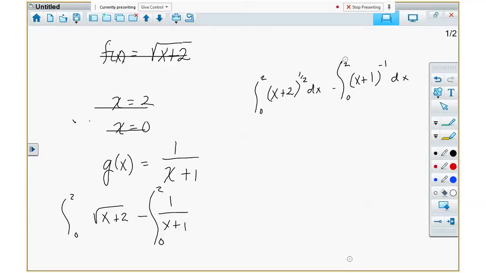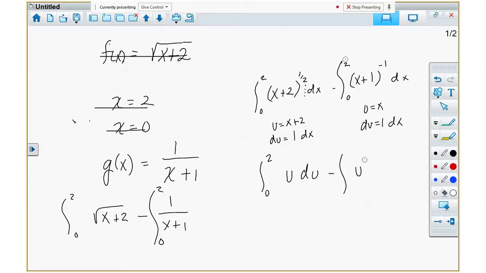Now, if u is equal to x plus 2, then what is du? 1 what? dx. So we have a 1 dx here. So this is u to the 1/2 du, the antiderivative from 0 to 2. So do the power rule there. And here, u is equal to x plus 1, du is equal to 1 dx. So this is u to the negative 1 du from 0 to 2.